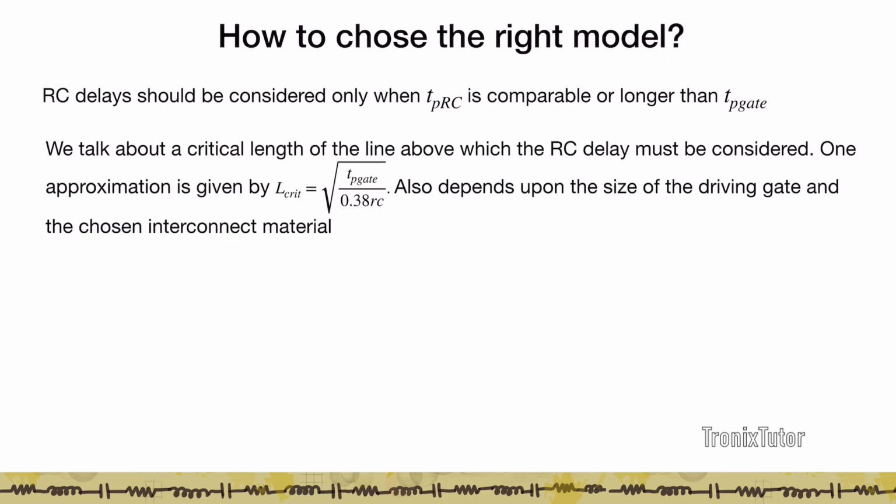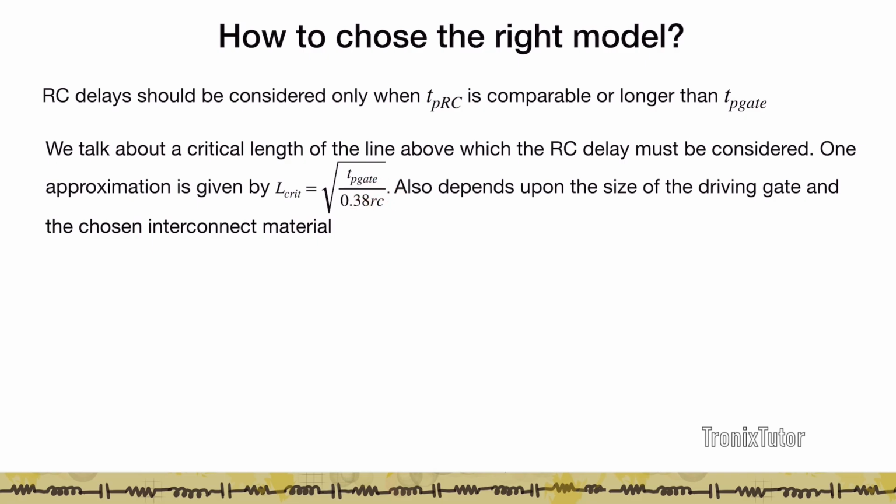So typically we talk about a critical length of a line above which the RC delay must be considered. One particular approximation that could be used is that the critical length of the line is given by the square root of the gate delay divided by 0.38 RC, where R and C denote the resistance and capacitance per unit length of the line.